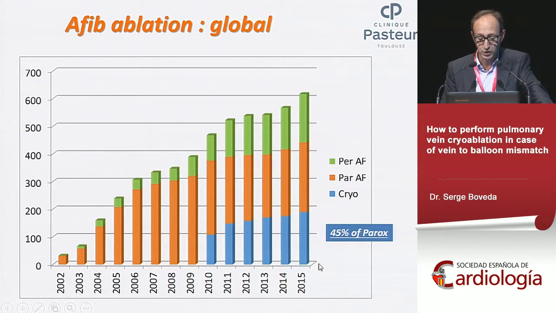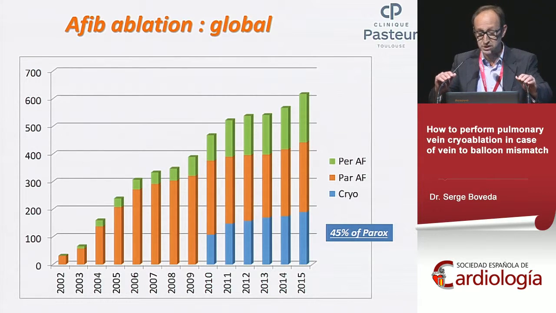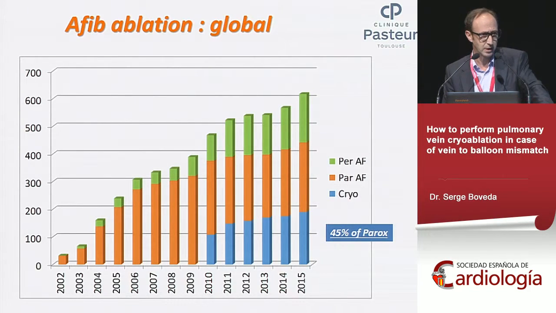But if we are looking at the paroxysmal, in fact, it's nearly half of the paroxysmal that are treated by cryo. This will certainly increase in the next years. Why? Because we believe, and I completely agree with Angel, that we of course need the radiofrequency to treat certain atrial fibrillation, namely the persistent.